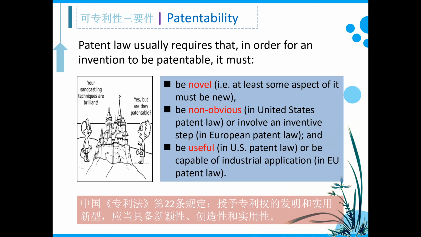It may also be called inventiveness requirements. Number 3. The US law requires that the invention must be useful or be capable of industrial application, as the term used in European patent law.